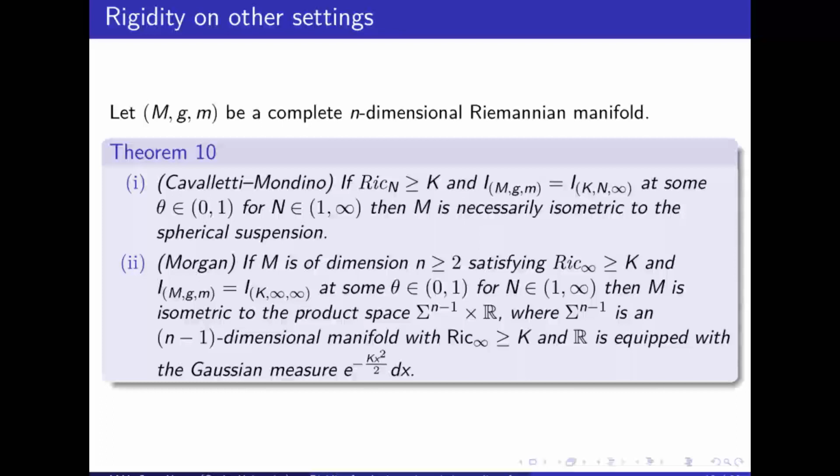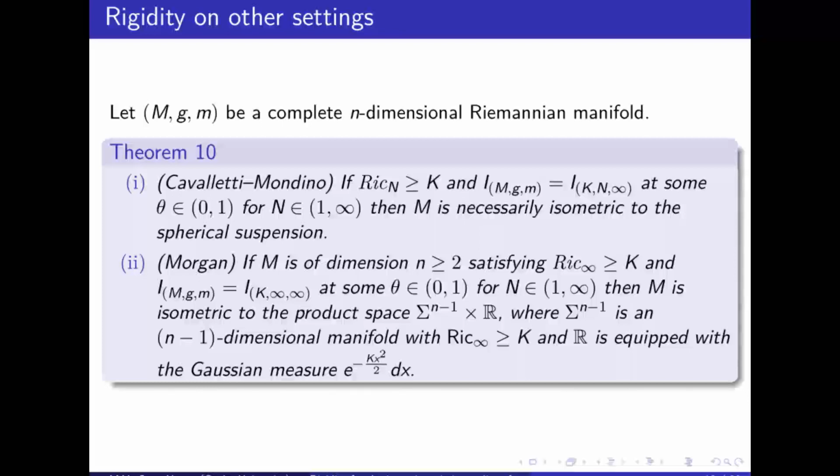Now let me move to the main part. Let me first introduce rigidity results for other ranges of the effective dimension n. For positive n, Cavalletti and Mondino used the Myers maximal diameter theorem and needle decomposition to obtain that equality in the isoperimetric inequality implies that the manifold is necessarily isometric to the spherical suspension.